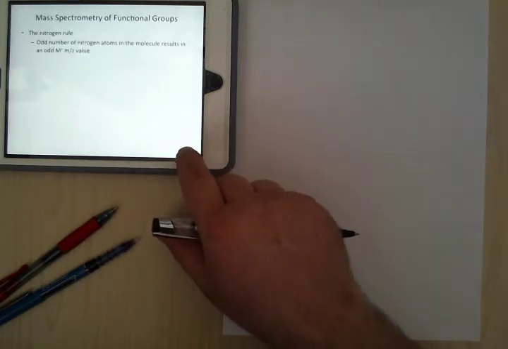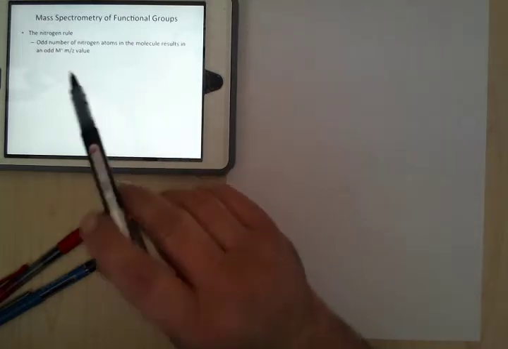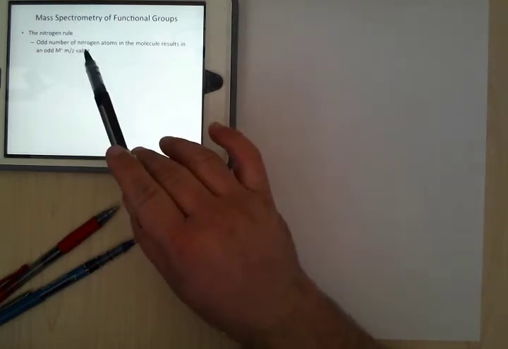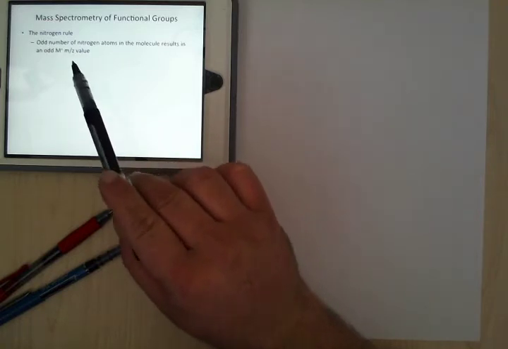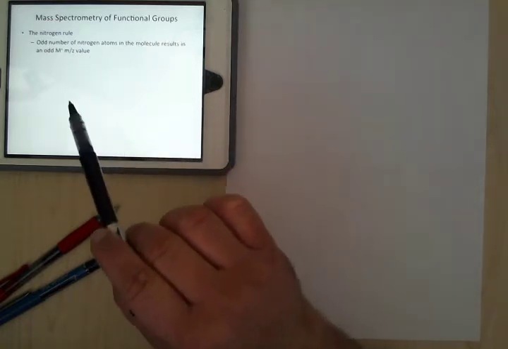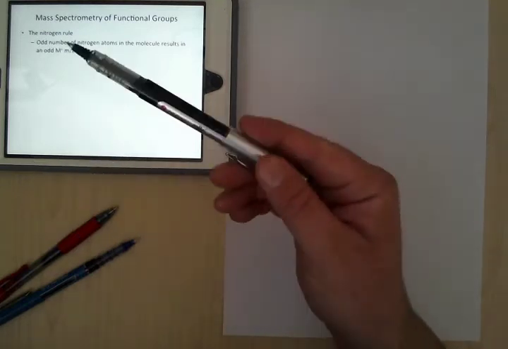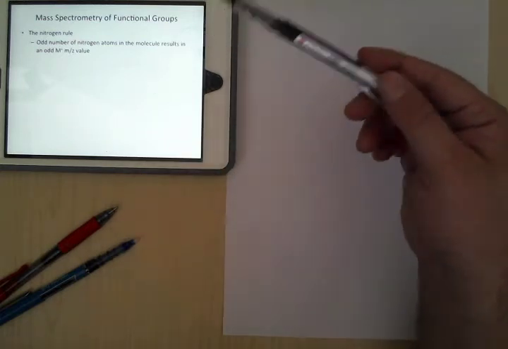Okay, another weird, quirky thing about the M+ electron ionization is what's called the nitrogen rule. Turns out that it just works with nitrogens, mainly, I should say. So if you have an odd M+, that means you have an odd number of nitrogen atoms in your molecule. So if you have a 73, that means you have either 1 or 3 or 5 nitrogens in it.